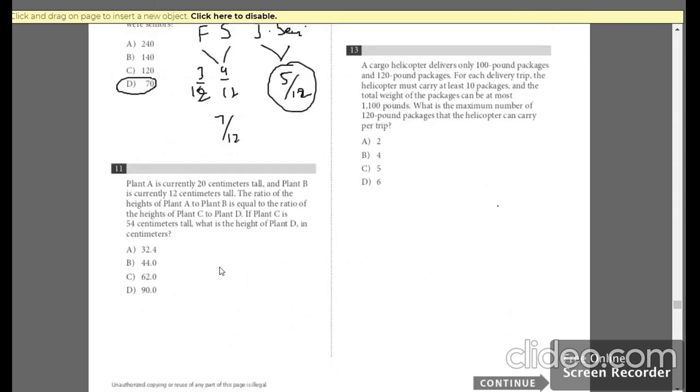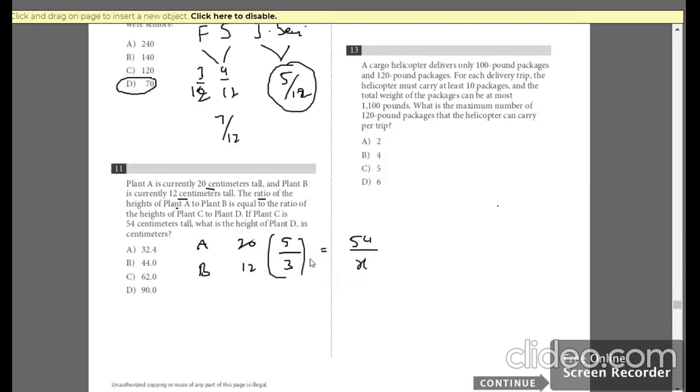Question number 11. Plant A is currently 20 centimeters tall to plant B, which is 12 centimeters. So it's sort of a ratio question. As I said, heights of plant A to plant B is equal to the ratio of C to D. Okay, so A to B, that is 20 to 12, which is nothing but 4 5s are 20, 4 3s are 12, that is 5/3, exactly equal to plant C and D, which is 54 centimeters to D, which we don't know, so we will call the height of plant B as x.